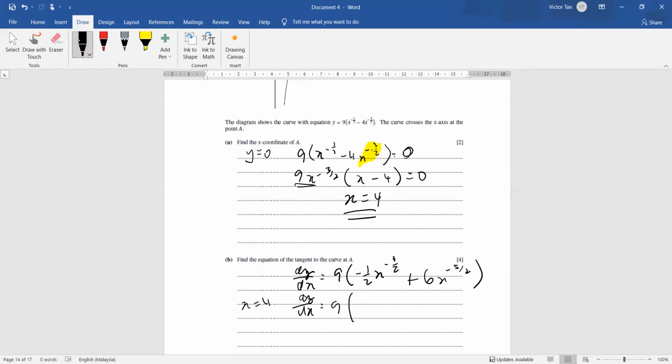4 to the power minus 3 over 2. 2 to the power minus 3 is 1 over 8. Minus 1 over 16. 2 to the power 5 is 32.